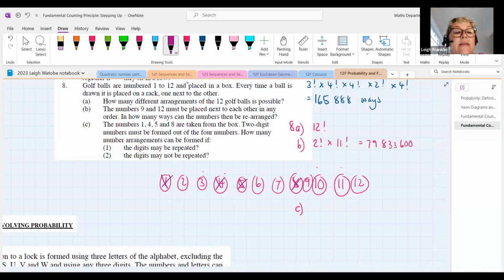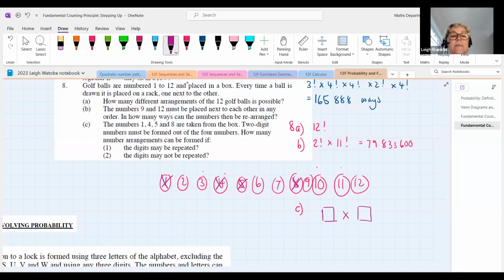And now they say to us, 2-digit numbers must be formed out of the 4 numbers. What do they mean by 2-digit numbers must be formed out of the 4 numbers? If you want to form a 2-digit number, you'd have to do that out of those 4.